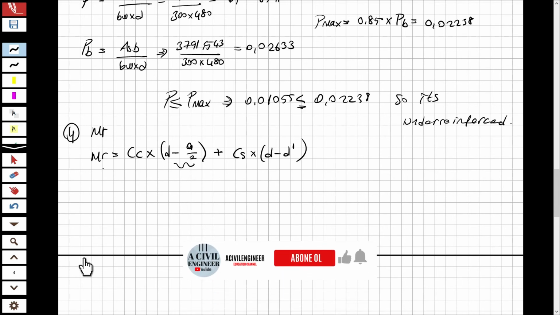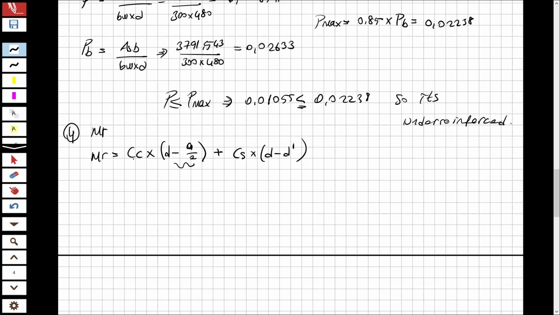Now this is the formulation for the moment that can be carried by this cross section. So let's write it. 0.85 multiplied by FCD, the design strength of the concrete, 16.66, multiplied by BW, 300, and multiplied by A.